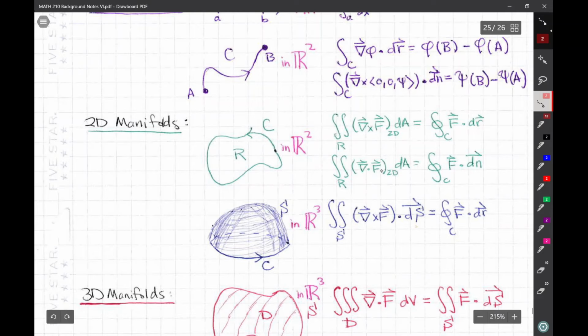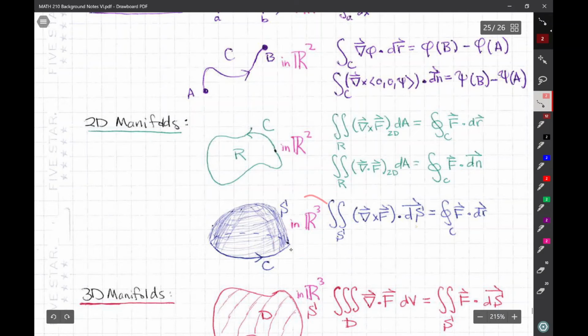Or we also looked at Green's theorem in flux form, and here you could trade a 2D divergence in R for a flux of the vector field in R2. This is a vector line flux that lives in R2. That was 2D manifolds in R2.